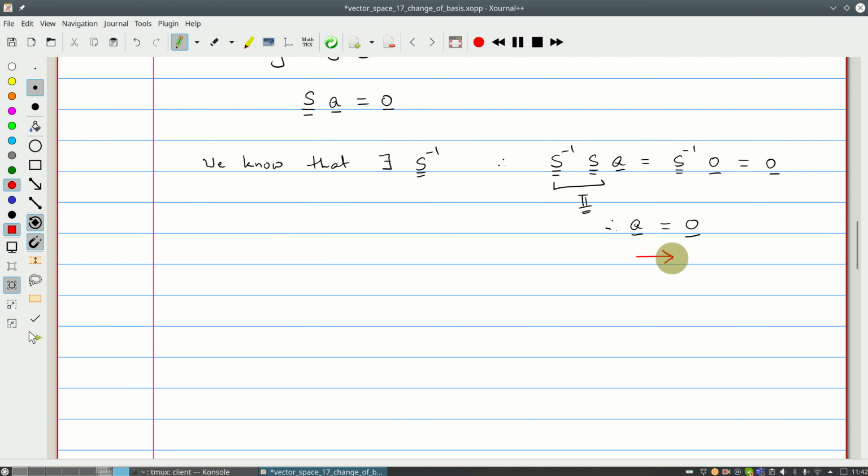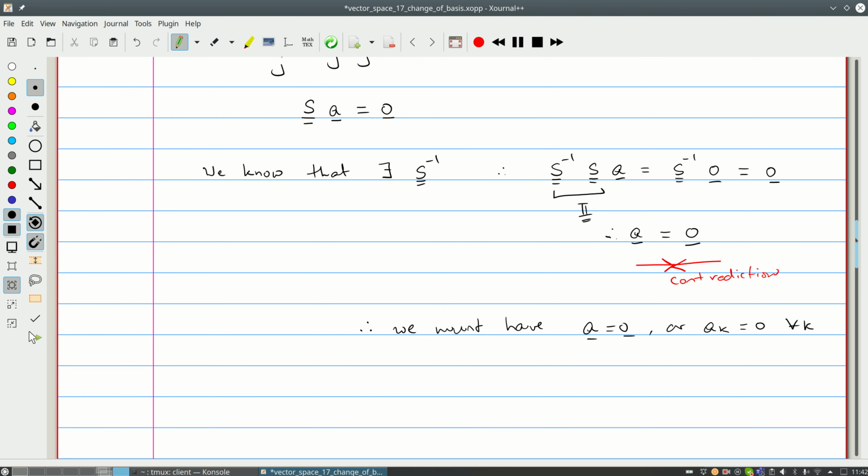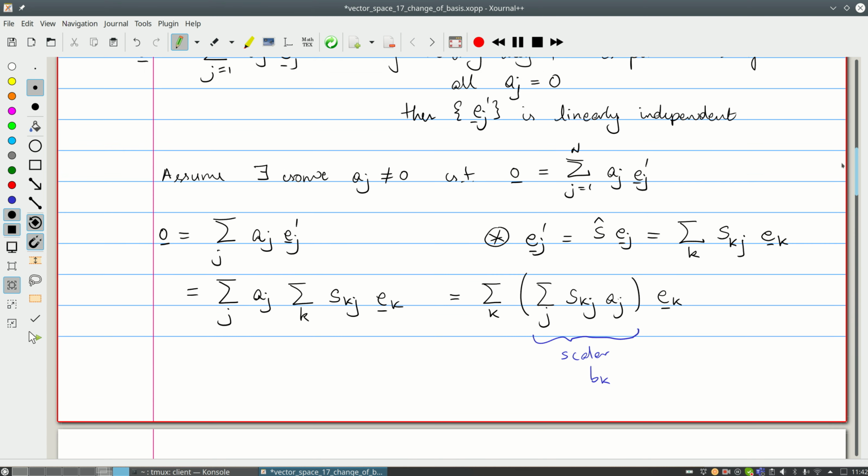And it's sometimes written like this, with two arrows facing each other. And therefore, we must have A is 0, or a_k is equal to 0 for all k. That's the only way you can satisfy everything.